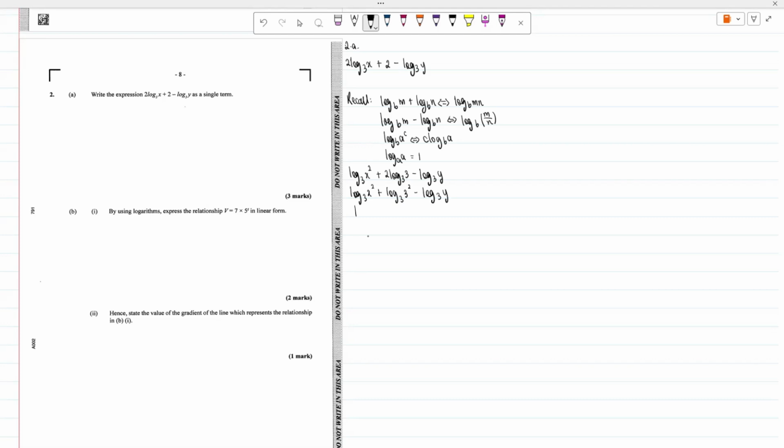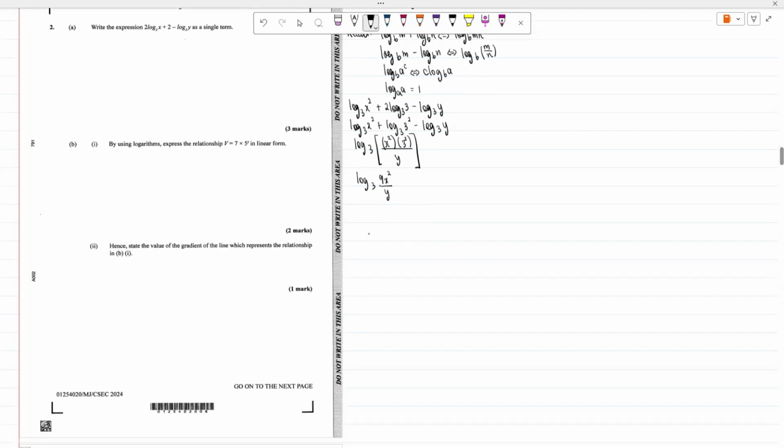This now becomes log of x squared multiplied by 3 squared divided by y to base 3. Simplifying it down to be log of 9x squared over y to base 3. Smooth. Right, we used a lot of laws there. We used 4 laws there.